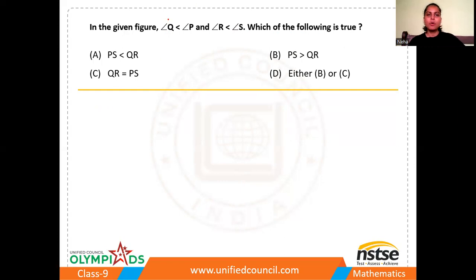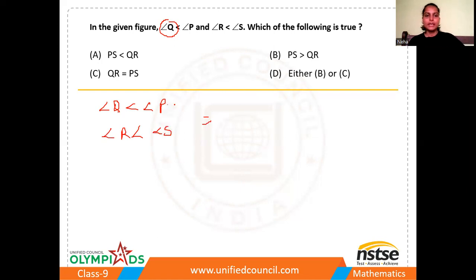So angle Q is lesser than angle P and angle R is lesser than angle S, right?